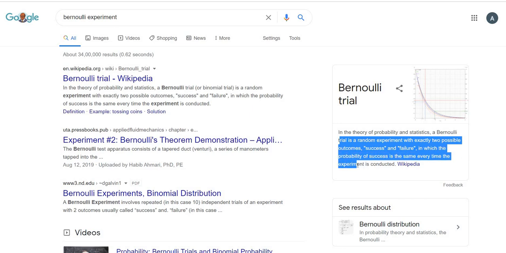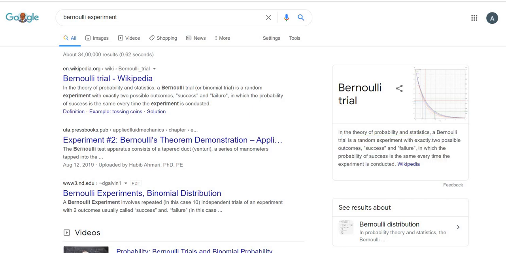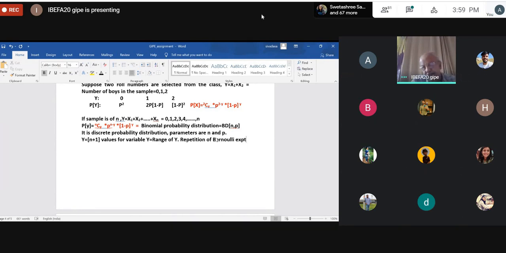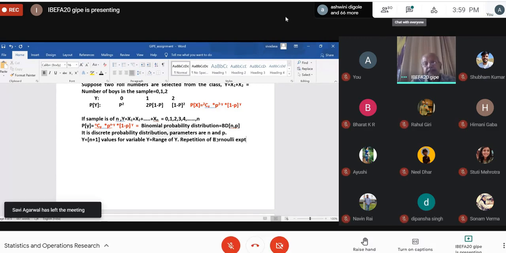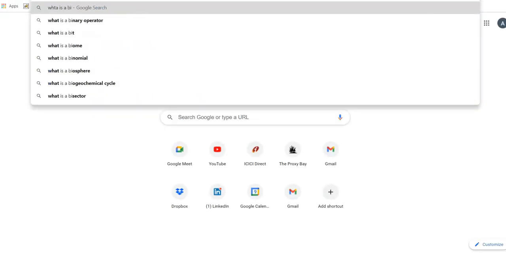Either they will get success or they will get failure. So each one is a Bernoulli trial and the entire queue is a binomial experiment. Is that clear? Yes, sir. Got it.